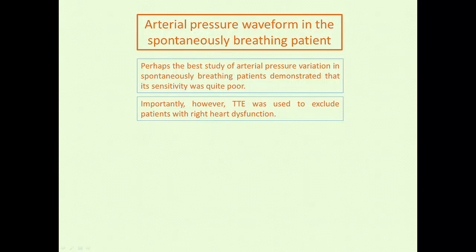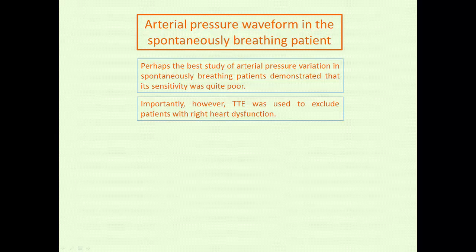I can't remember if they excluded left heart dysfunction as well, but a lot of those caveats that we just talked about in the previous slides that would degrade the specificity of pulse pressure variation as a marker of fluid responsiveness, those patients were excluded, so they would not have been picked up. And again, as we saw, it's really patients with right and left ventricular failure that may be more prone to having changes in pulse pressure that are not the result of fluid responsiveness.